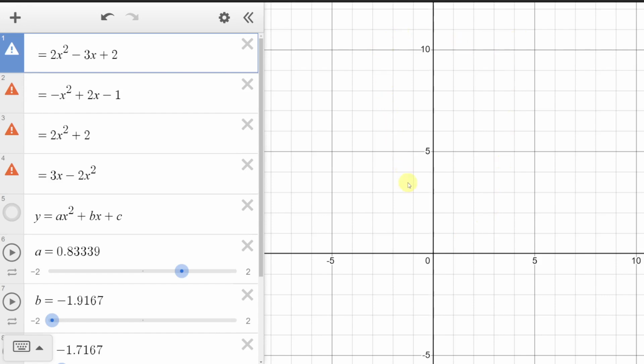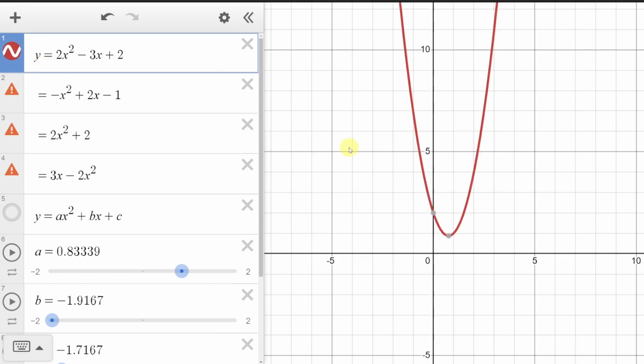I do not know if it goes here or here, but I know that it is on the right side and the branches are going up. So let's check what we have. Yes, we have exactly what we predicted.